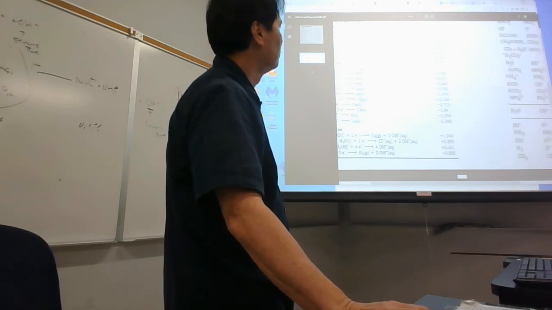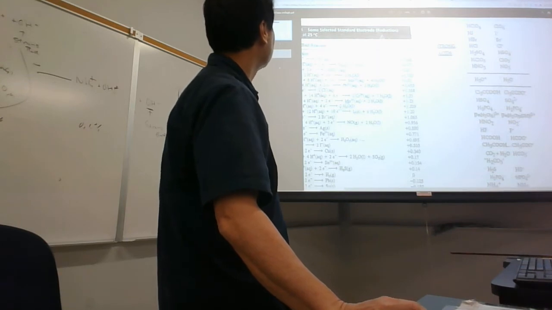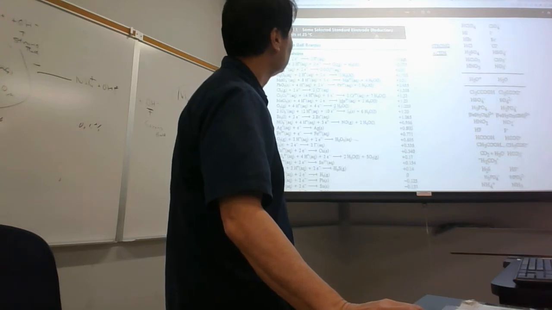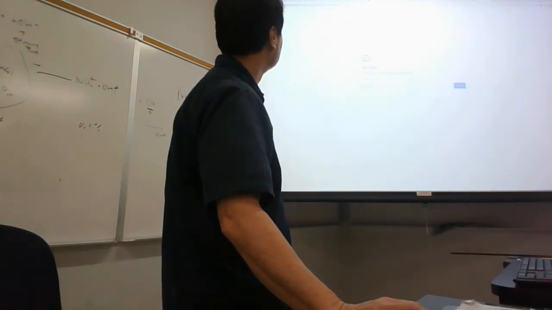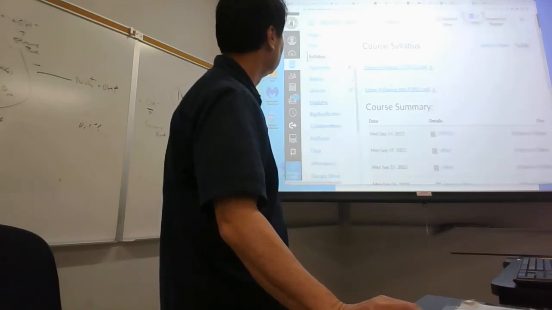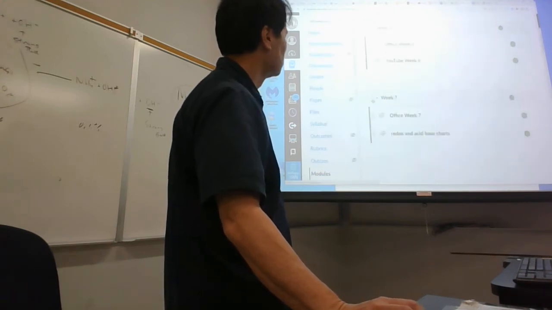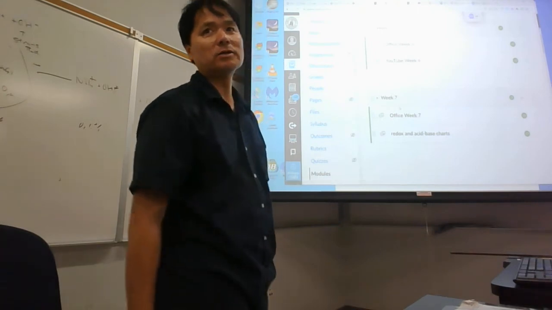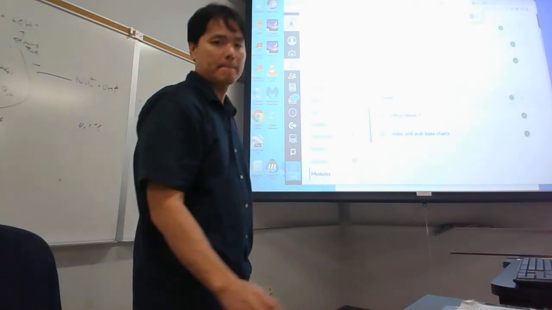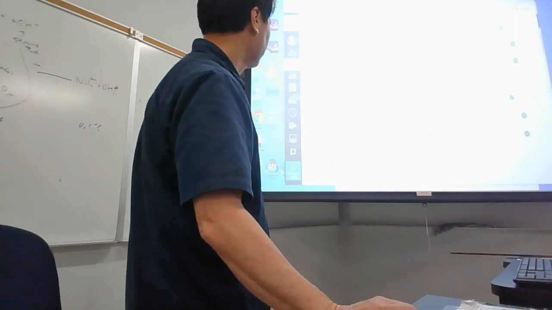It's going to be a strong base, because bases you can define as when they hydrolyze, they produce hydroxide, whereas you can define the acid as when it hydrolyzes, it produces hydrogen. Did you post it in the Canvas, or did you find it during the course? I just posted it today. Let me make sure. It should be in the week 7 module. And then that combines with water to create H3O. Yeah, my brain hurts.